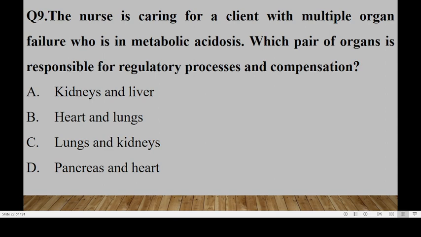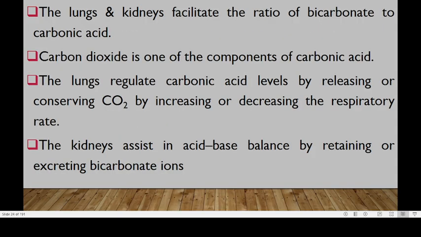The nurse is caring for a client with multiple organ failure who is in metabolic acidosis. Which pair of organs is responsible for regulatory processes and compensation? For compensation, we talk of the lungs and the kidneys because these organs regulate the ratio of bicarbonate to carbonic acid.